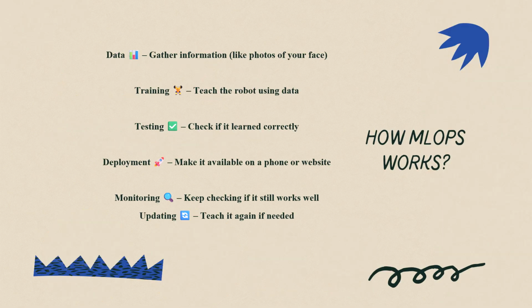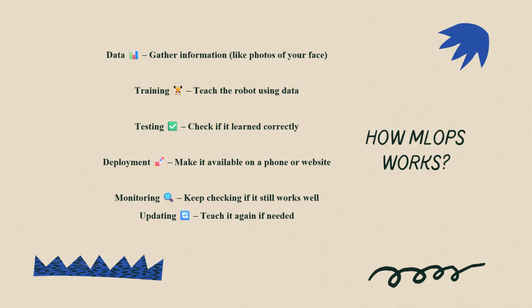Now, how it works. MLOps basically has six steps in the blueprint. We call it a blueprint. In that, the first step is data. So you should gather enough information, like for the previous example I told.